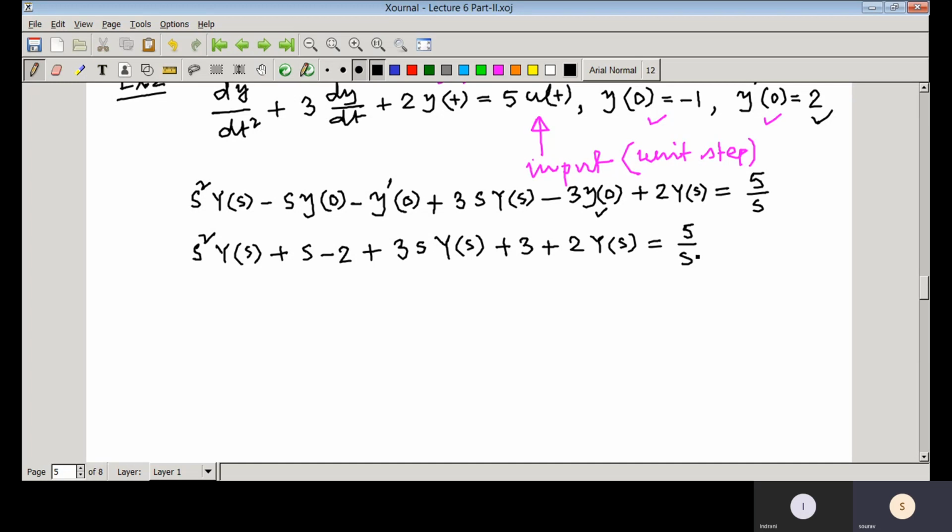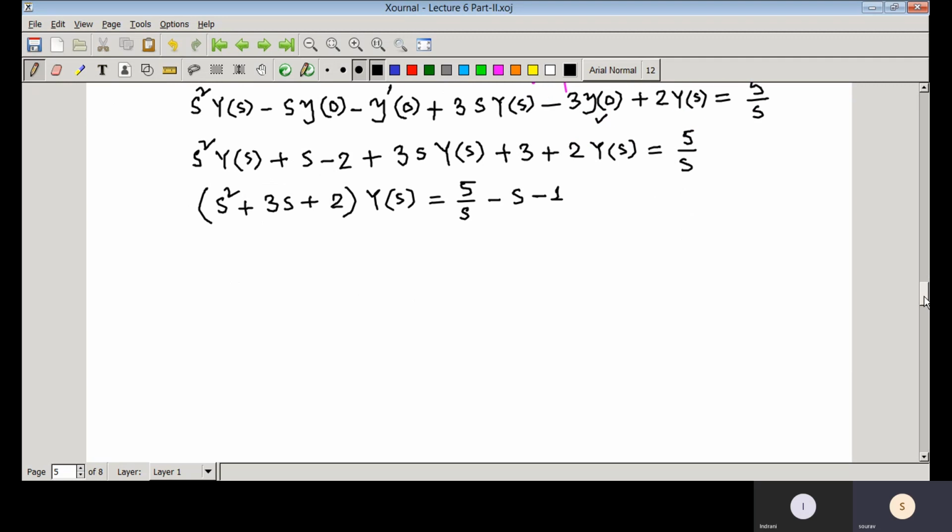Now just rearrange this expression, and you will get (s² + 3s + 2) Y(s), and taking those terms to the right hand side, 5/s - s + ... so 5/s minus the constant terms.